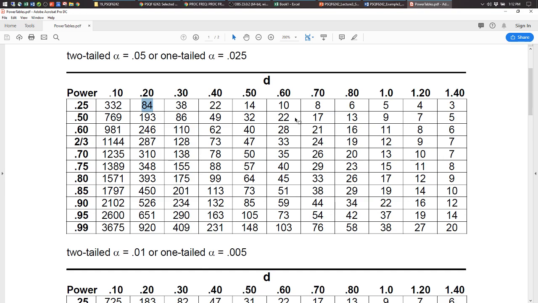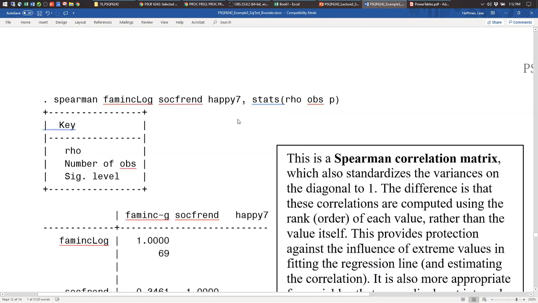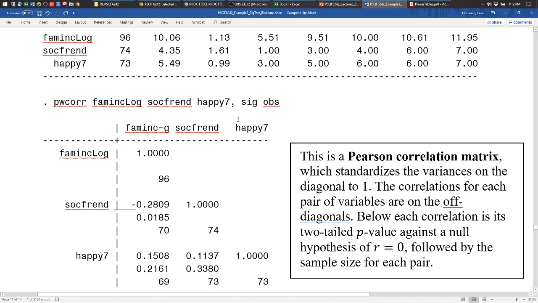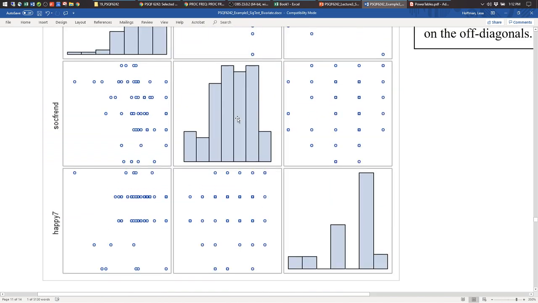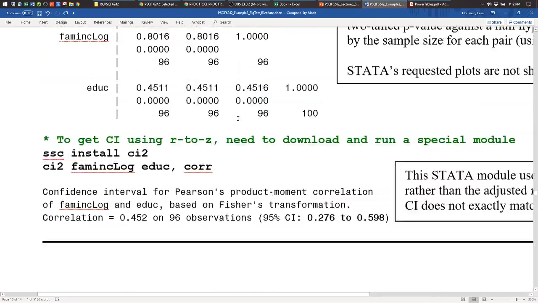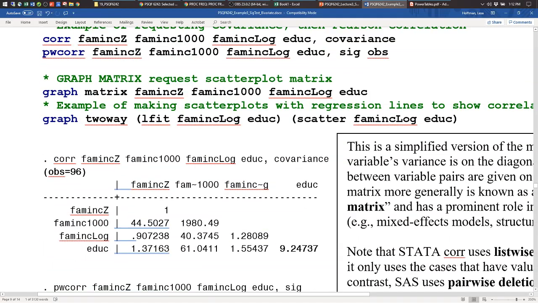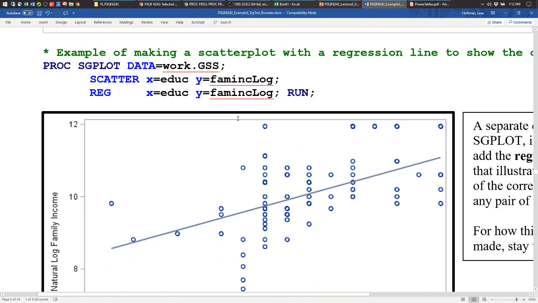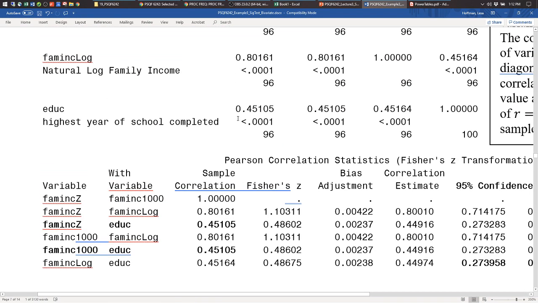Now, what if reviewer 3 is also picking on us, go back here, about our correlation between income and education? It's always reviewer 3. Always. Go back here. This one. What if they say, I don't think you had sufficient power to find that correlation?